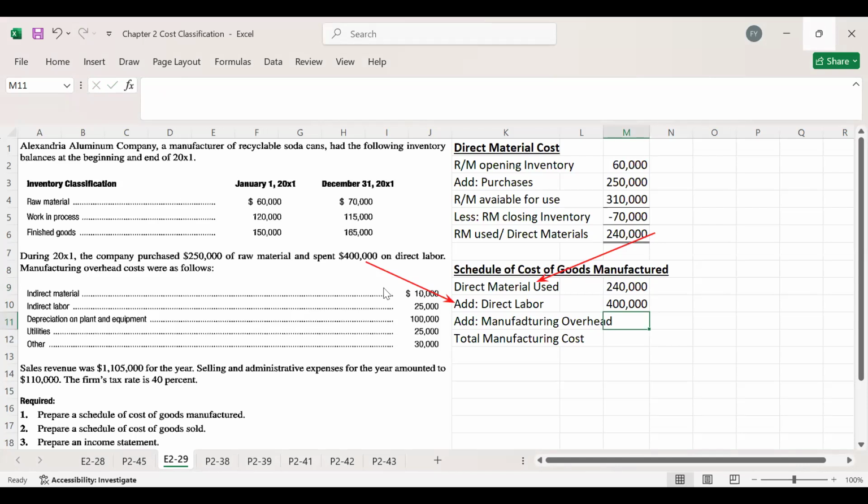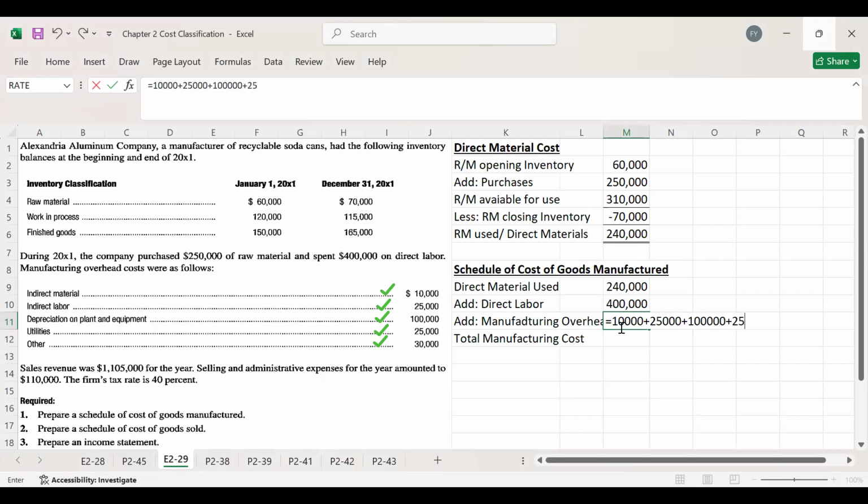You can see indirect labor, indirect material, and all these things are given. So we have indirect material, indirect labor, depreciation, utilities, and other manufacturing. So when we add all of these, means 10,000, then we add 25,000, then we add 100,000.